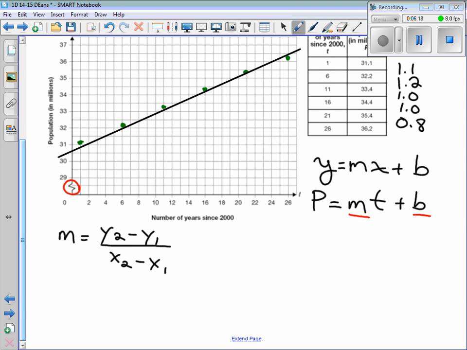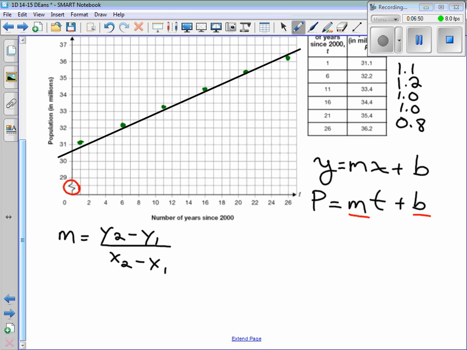Okay? And then from there, we're going to figure out our y-intercept. So what can we put into our slope formula? Well, we need two values of y, and we need two values of x. So let's take a look at this here. I've drawn my line of best fit that we want to find the equation for, so it sort of passes through most of these points here.